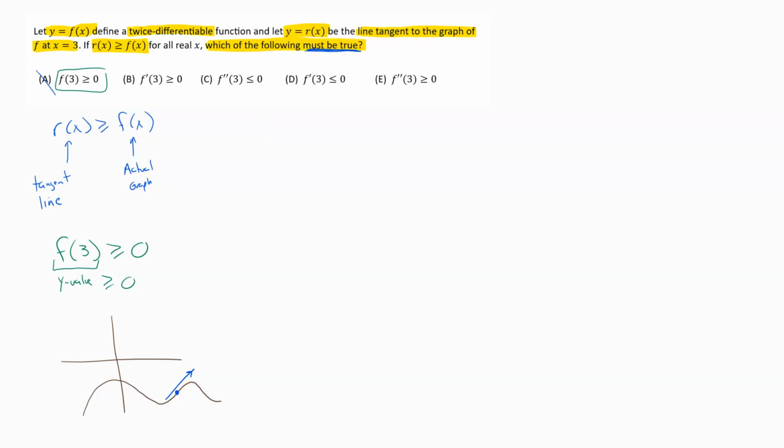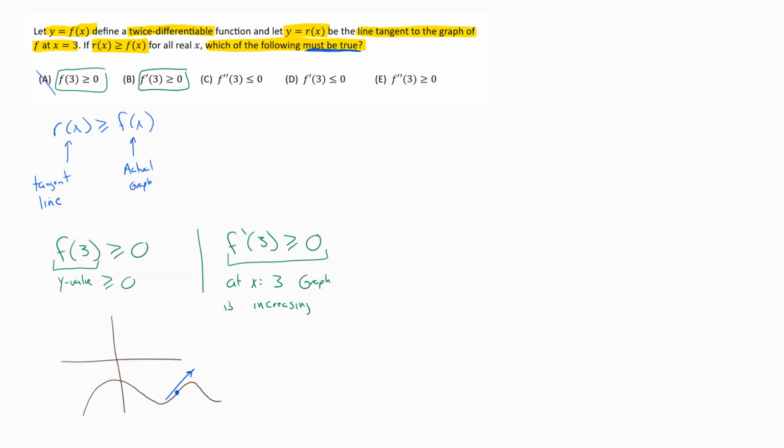Then we go on to B here, which is saying the derivative at 3 is greater than 0. So when we're talking about derivatives, derivatives are about slope. So when we have a positive slope, it's basically saying at x equals 3, the graph is increasing. Well, again, could that be true? Sure.